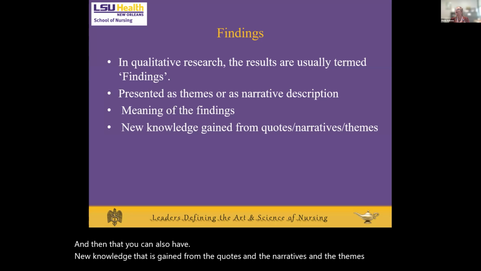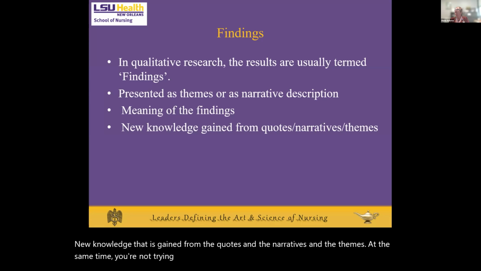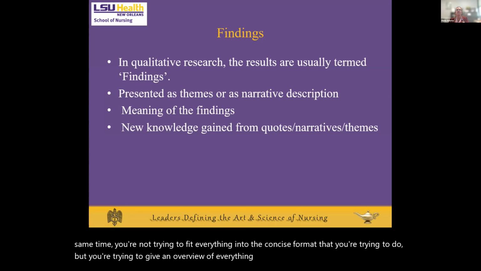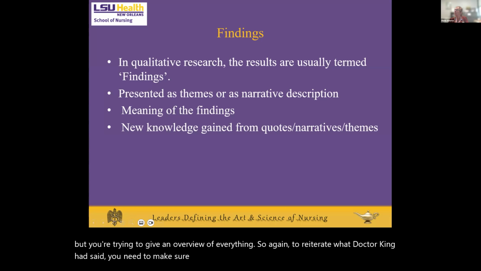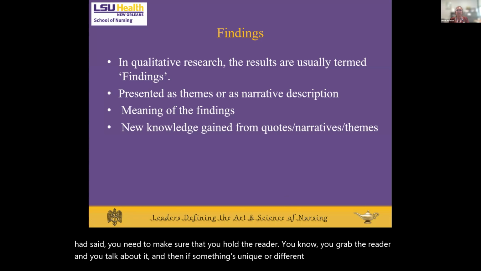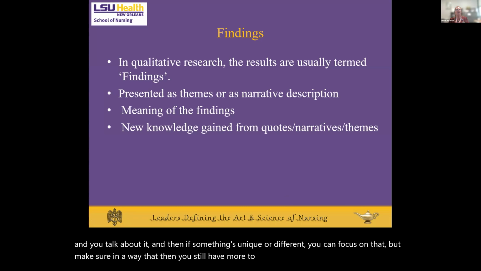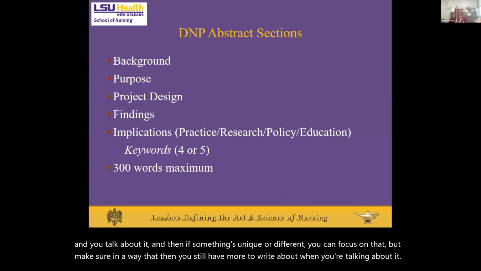At the same time, you're not trying to fit everything into the concise format, but you're trying to give an overview of everything. So again, to reiterate what Dr. Kang had said, you need to make sure that you grab the reader and you talk about it. And then if something's unique or different, you can focus on that, but make sure in a way that you still have more to write about when you're talking about it in longer format after the abstract is complete.